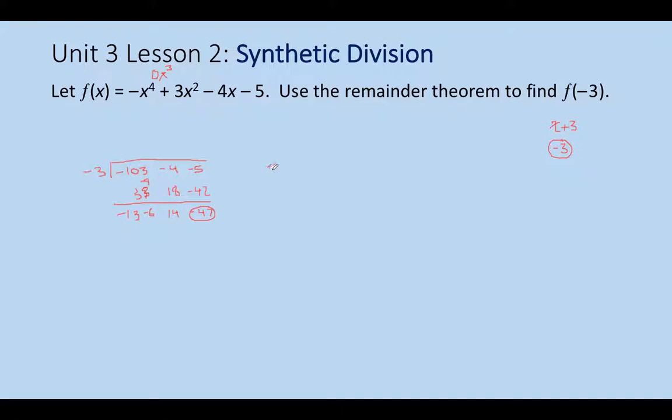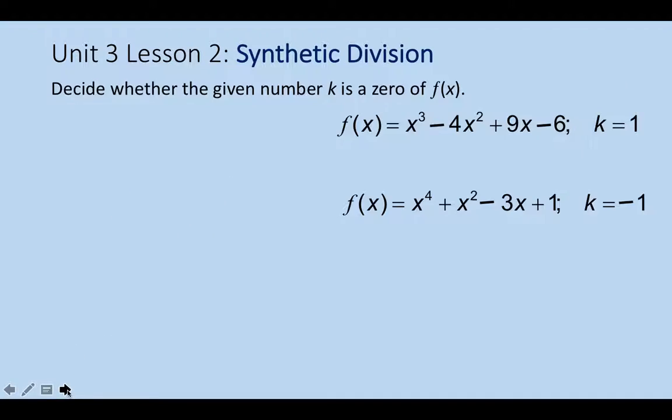And so we would be able to say definitively that f of negative 3, if we plugged negative 3 in for each x up here, we would wind up with negative 47. And you can see where, if we have a pretty long polynomial, that could be a lot of work. Not difficult work, but this might be a little bit simpler method.